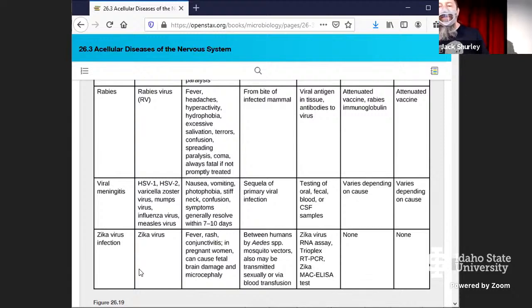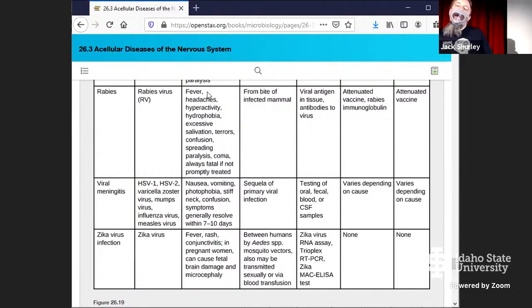It's an ISU student that got bit by a squirrel on ISU campus. I think they want to give her some rabies shots just to be safe, right? So keep that in mind. If a little wild animal decides it wants to bite you, you ought to be concerned, even if it's not a wild animal. A dog or a cat has the potential to do that just as well, which is why we truly want to ensure that our pets are vaccinated properly.